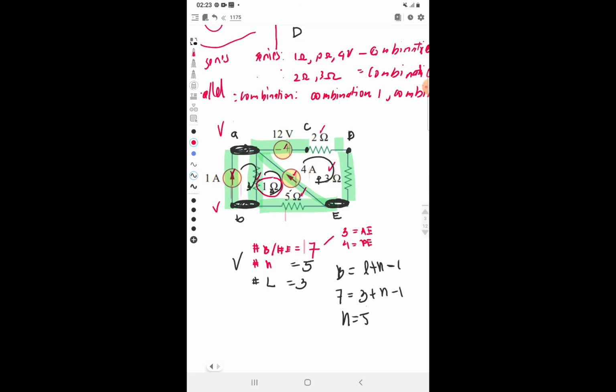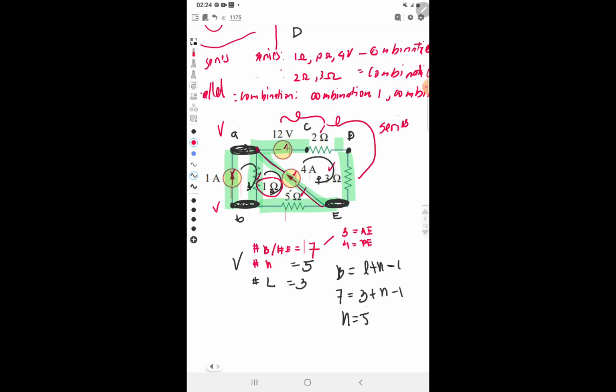Okay, but first let us identify that our 12 volts, our 2 ohm and our 3 ohm are connected in series. Okay, then of course the combination of this one is connected in parallel with our 4 ampere.